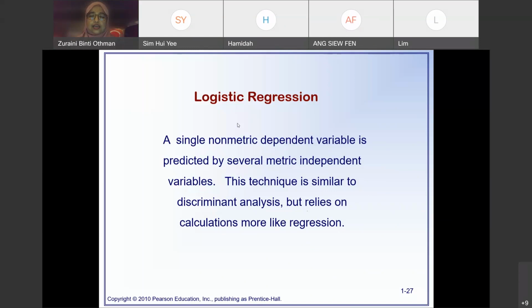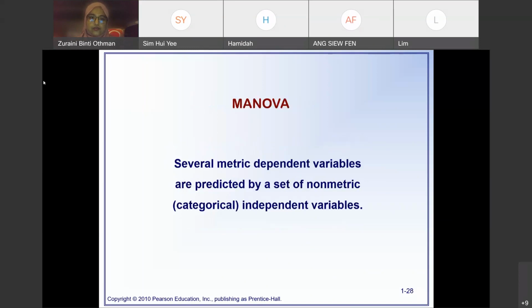You may search for an example case study of logistic regression. For MANOVA, several metric dependent variables are predicted by a set of non-metric categorical independent variables.